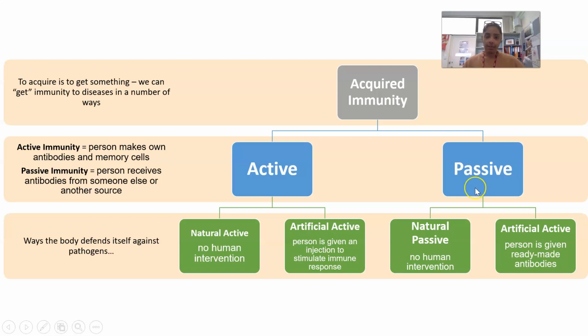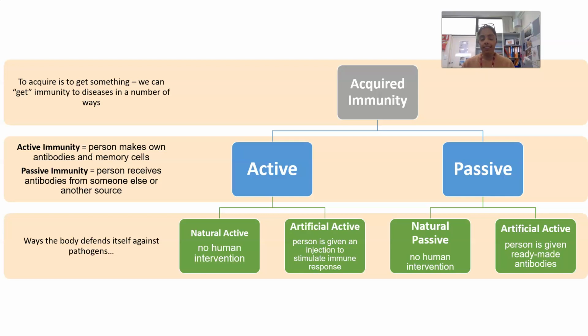If we look at this, actively acquired immunity can be natural. So you become infected with a disease, you thankfully recover from that, you make memory cells from your B and T cells, and they will stay in your body for a number of years, or even up to your lifetime.